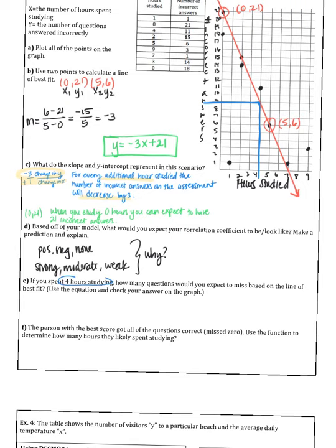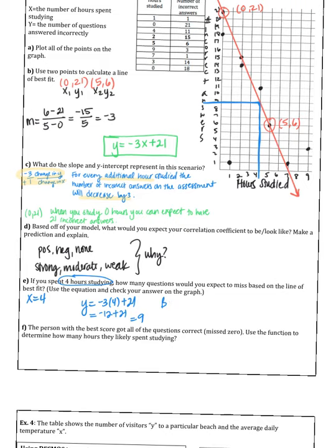Number of hours studying is represented by x, so x is equal to 4. I'm going to plug that into my line of best fit equation to find the number I should miss. y equals negative 3 times 4 plus 21. This is negative 12 plus 21, and sure enough, we get 9.